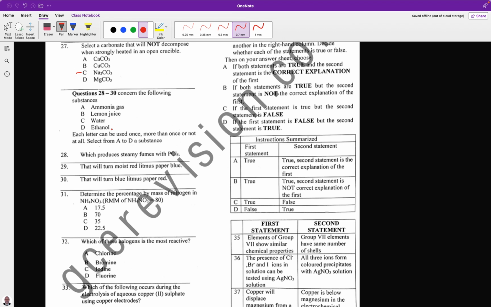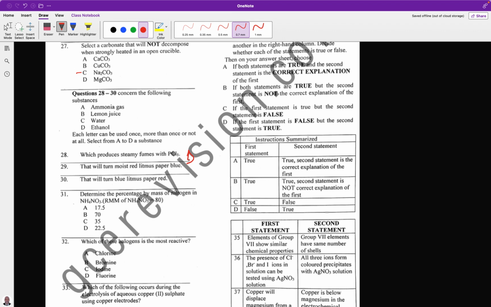So D, which is ethanol, is the right answer. So here, 28 is D.